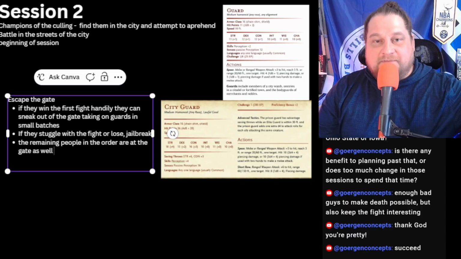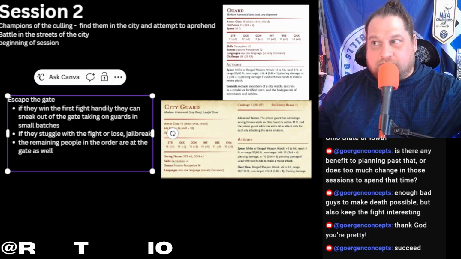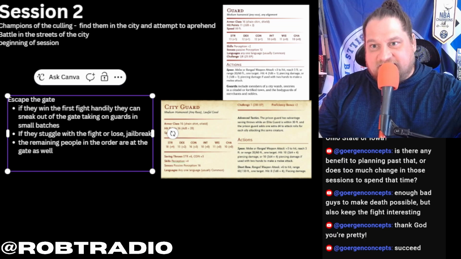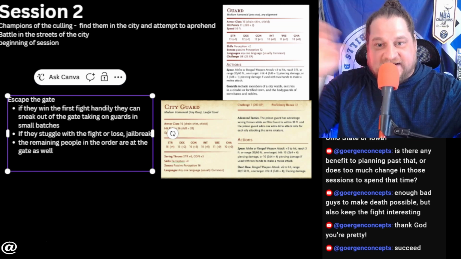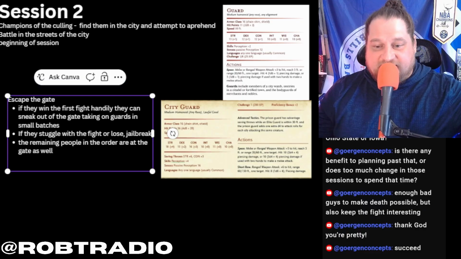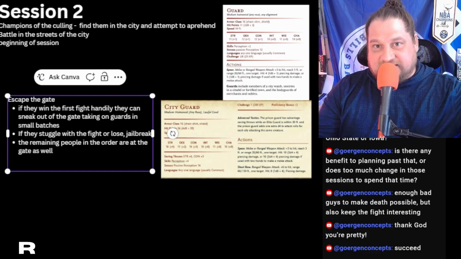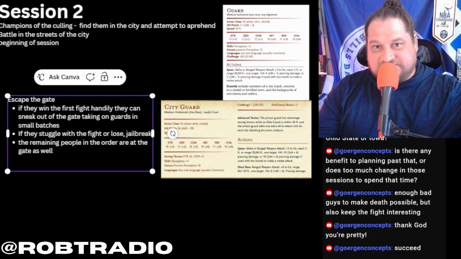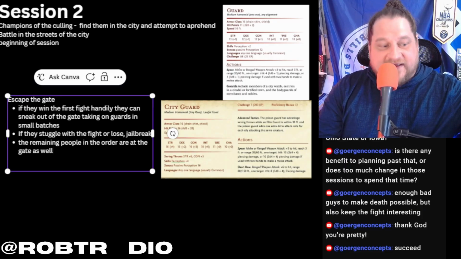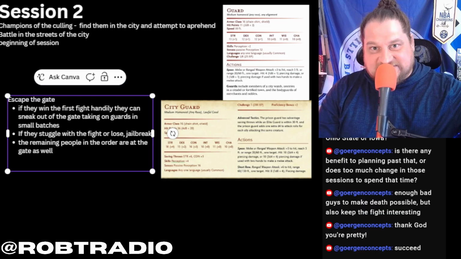Maybe that's in the form of the order already attacking the gate, so if they're limping their way there, they don't have to fight as many of the guards. Maybe the order sees them in the street fighting these champions and comes and helps them. Maybe they get healing from them before they attack the gate, in between the 2 fights.